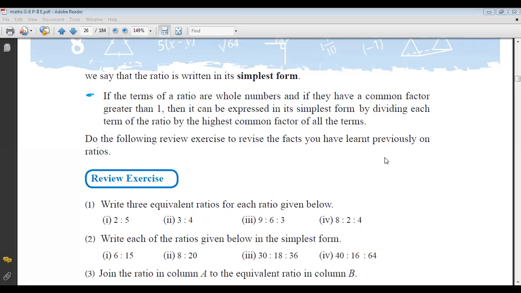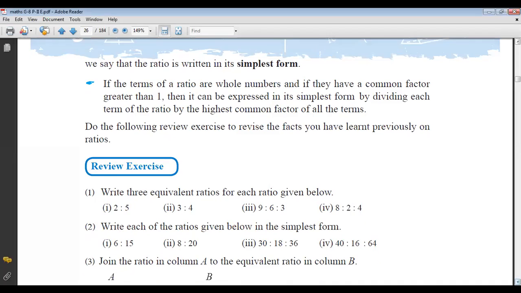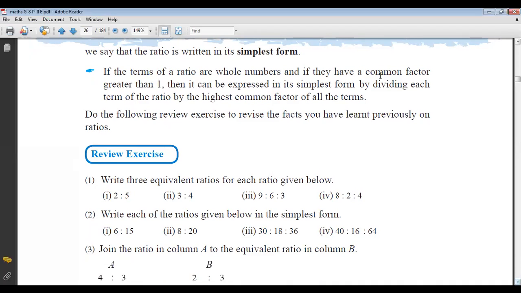Write each of the ratios given below in the simplest form. That I will teach you on a separate sheet. Method 1. 6 is to 15. Now you have to write this in the simplest form.